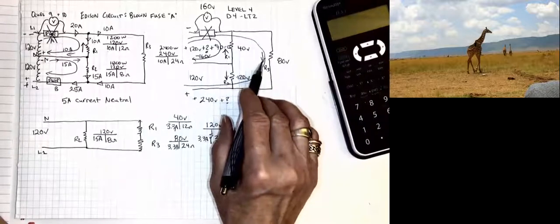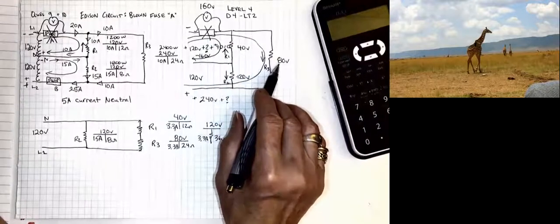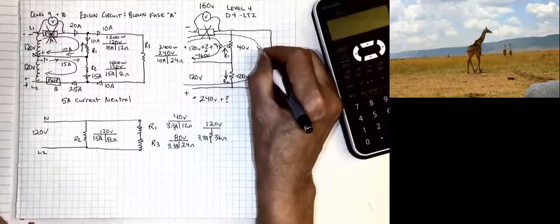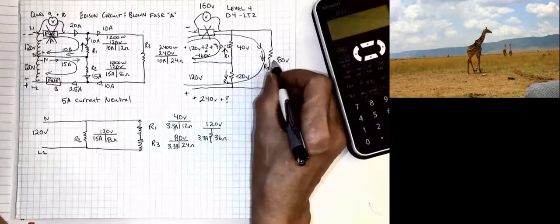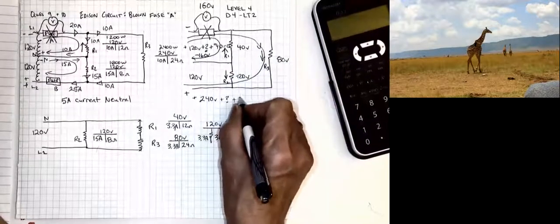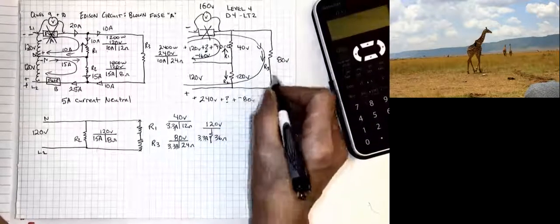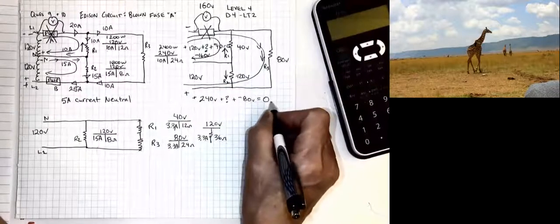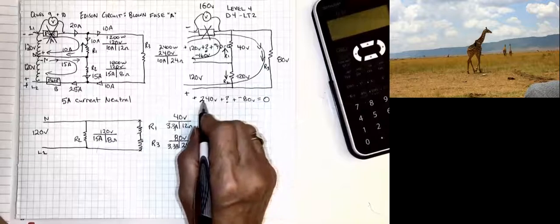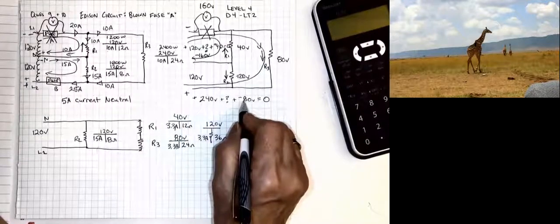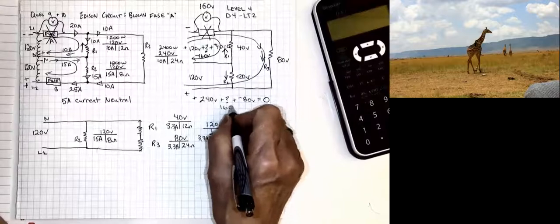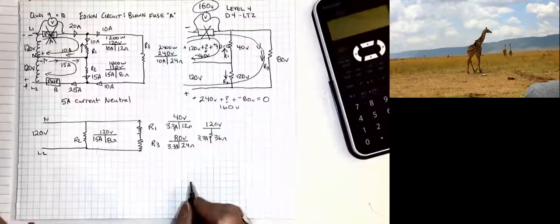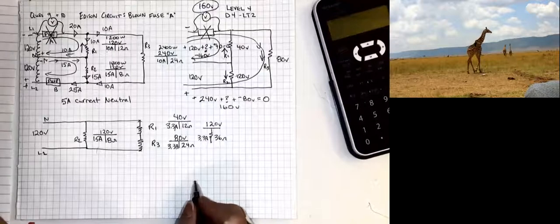Notice that this arrow, current flow through the actual 80 volt load, is in the same direction as my instantaneous. And that means that this is going to be a drop. So plus a negative 80 volts and nothing else before we get back to line 2. So all of that has to equal 0. So I had 240 minus 80 gives me a difference of 160 volts. And that again tells me that my voltmeter is going to read 160.